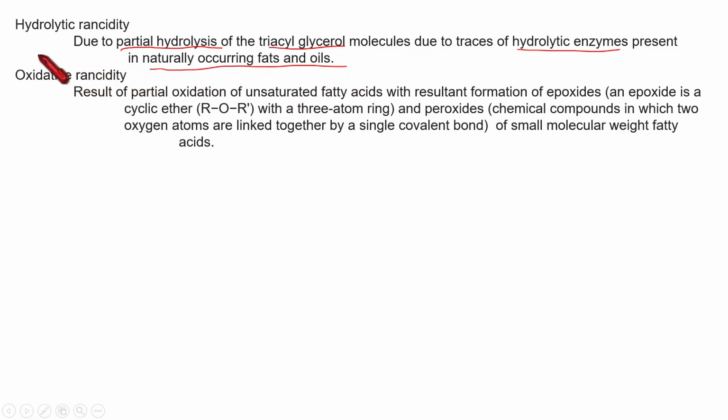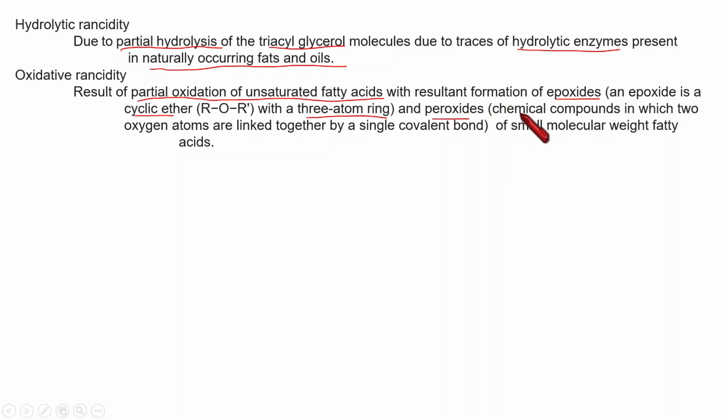Oxidative rancidity, as the name indicates, happens because of the partial oxidation of unsaturated fatty acids present in the lipids. How does that partial oxidation occur? Because of the interaction with atmospheric oxygen, resulting in the formation of epoxides and peroxides. Epoxides are cyclic ethers with a 3-atom ring.